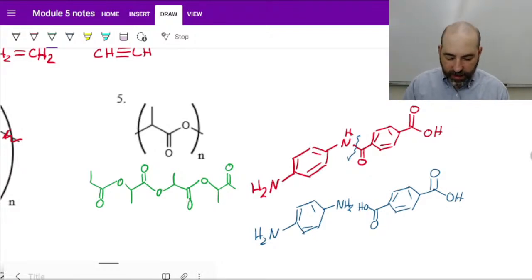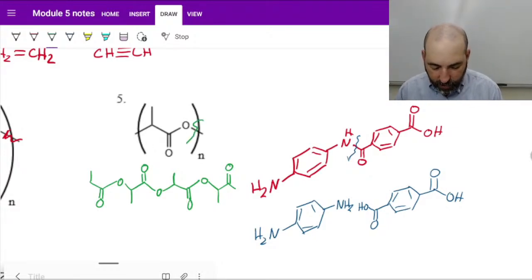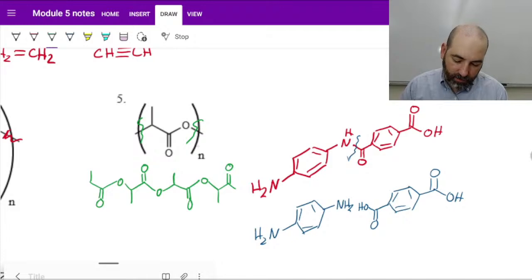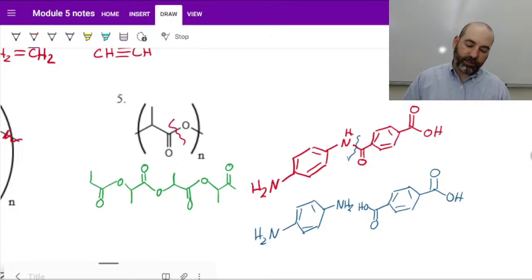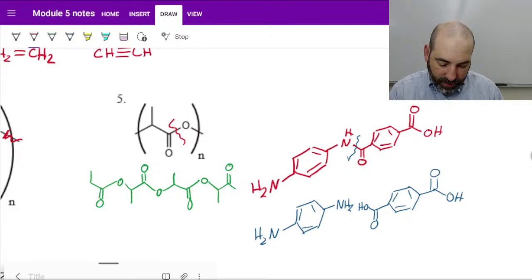So in this case, that is not the bond that is breaking here. It's this one, right? It's the ester bond. So we end up with what looks like we would break it into two molecules, but it's not really two molecules because this is then connected to the front of this.